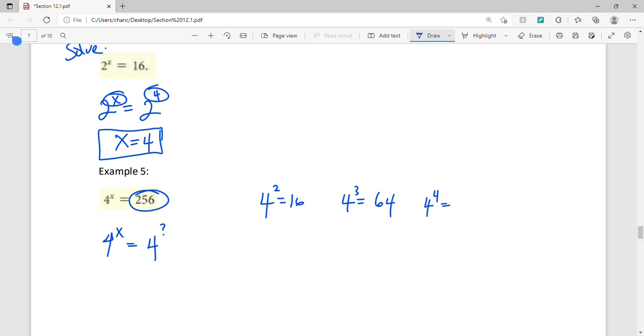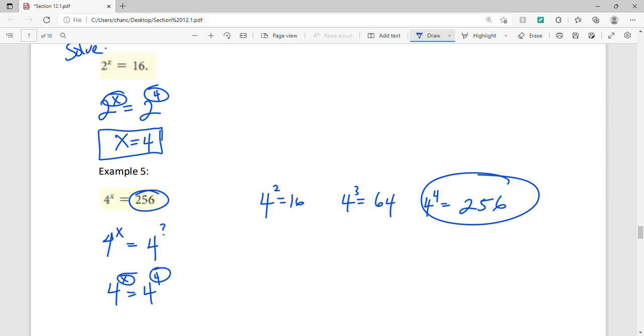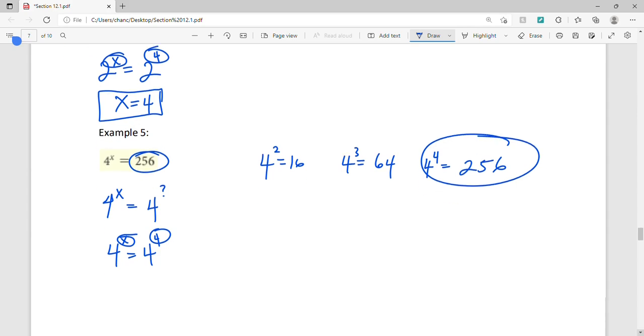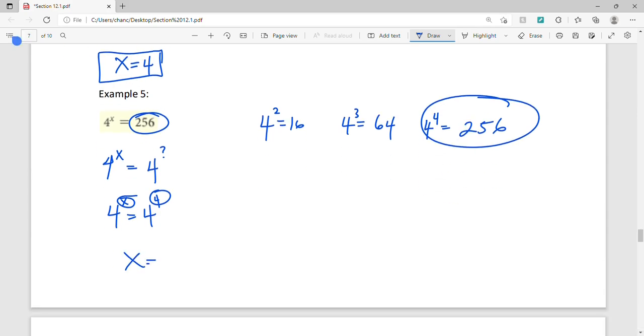What's 4 to the 4th? 4 to the 4th gives me 256, so I can rewrite this as 4 to the x equals 4 raised to the 4. And what does that tell you? Since the bases are the same, the exponents must be equal. So x equals 4 as well for this example.